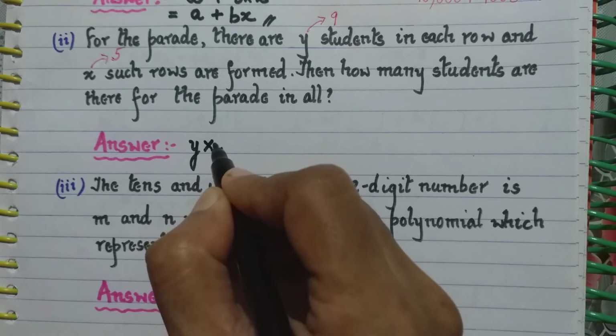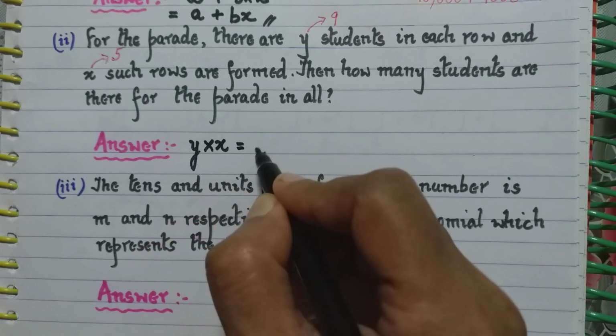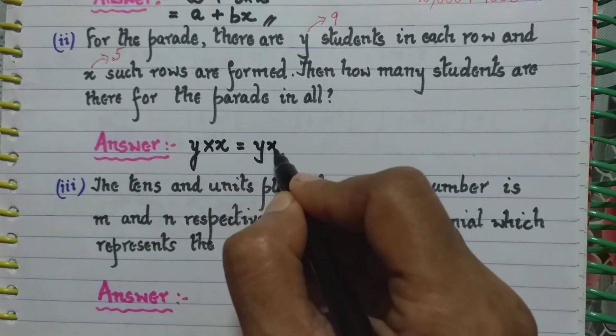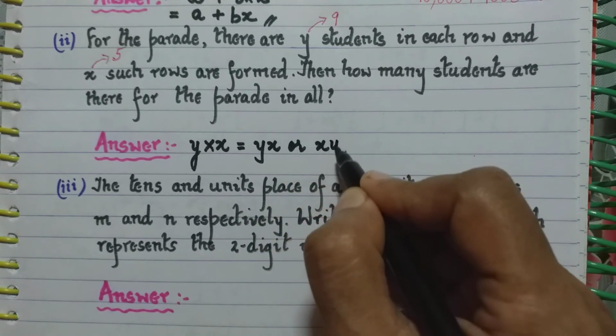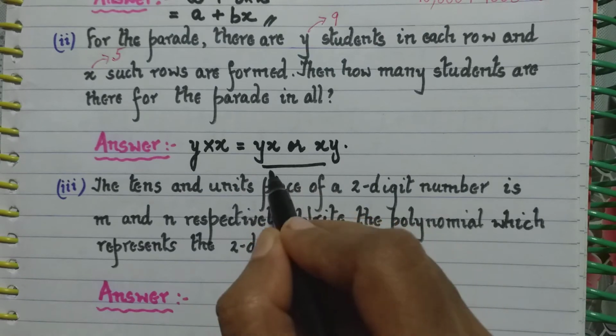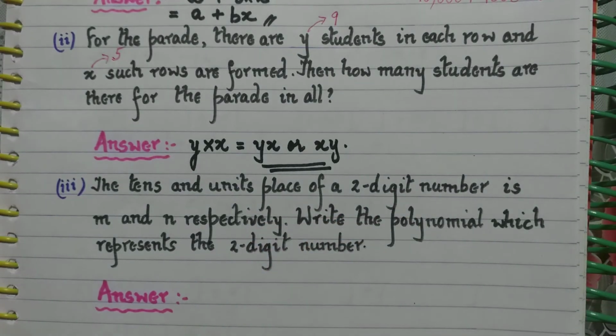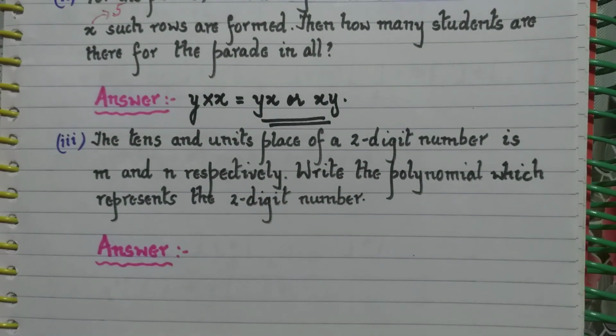Y into X, which is equal to YX, or I can also write it as XY. So this is the second sub question.